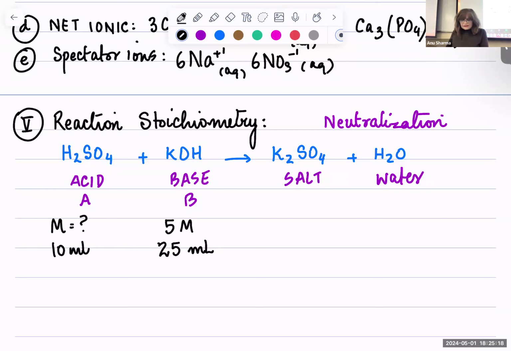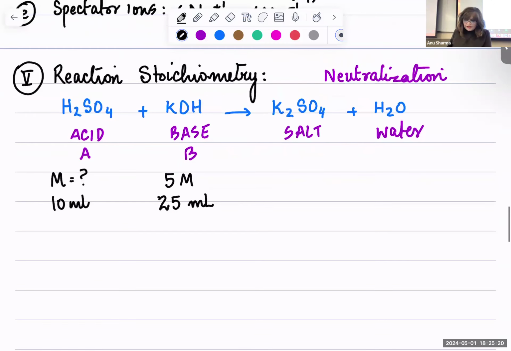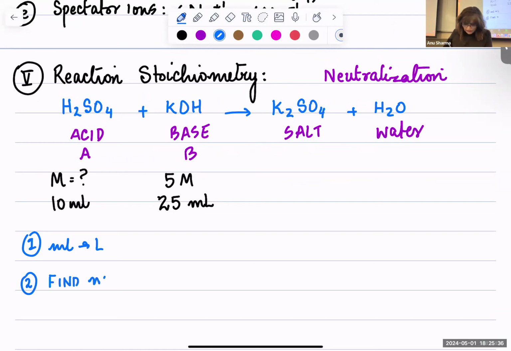Okay, so this type of question, where the acid and a base are given, what will you do? What is the first step? The first step is to convert milliliters to liters, right? And what is the second step? The second step is, if the base has a molarity and a volume given, then you find the moles of the base.